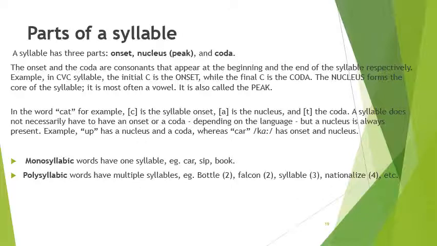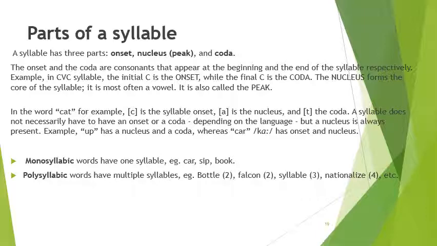As you can see on these slides, we have parts of a syllable. A syllable has three parts. We have onset, nucleus, called thick, and lastly coda. Therefore, these are the three parts of a syllable. The onset and coda are consonants that appear at the beginning and at the end of a syllable respectively.